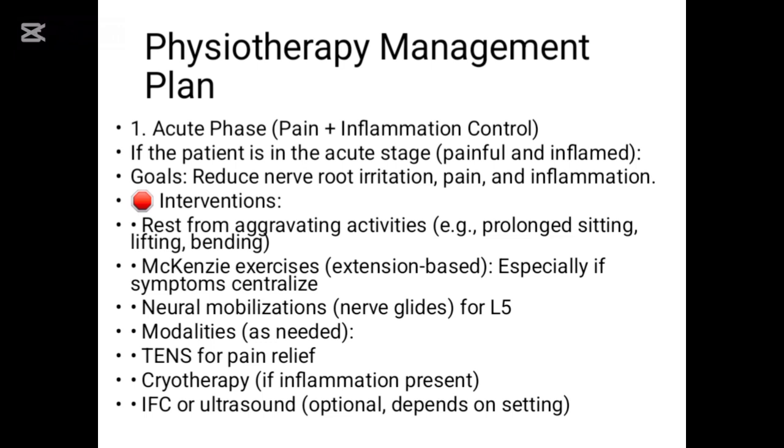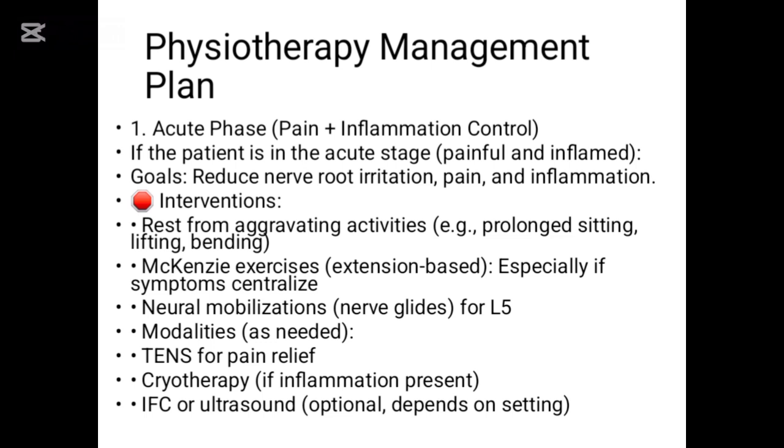We can treat them properly, especially if the symptoms are centralized, meaning from the root cause. So we should add McKenzie exercises, trunk stability and core muscle strengthening. Then neural glides at the L5 level. Manual therapy involves soft tissue mobilization and joint mobilization, both peripheral and central, and nerve glides.